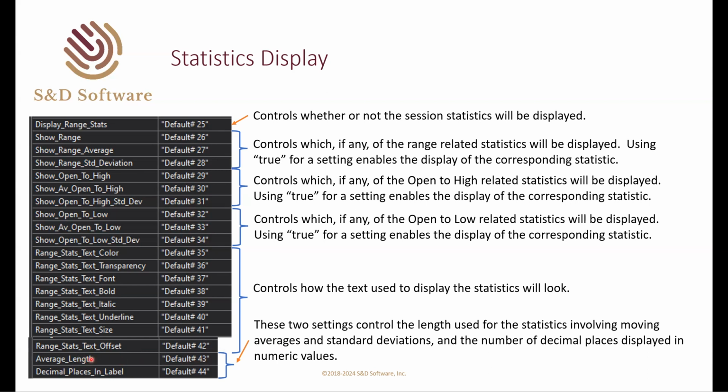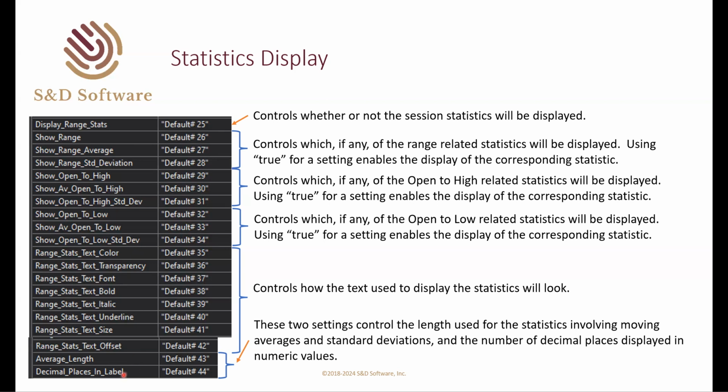But setting 43, the average length for all of the stats, the averages and the standard deviations, those are based on a moving average. You have to specify the length of the moving average, or the period as it's sometimes called. And this is where you do that. The default for this is 10, but you can set that to what you need.